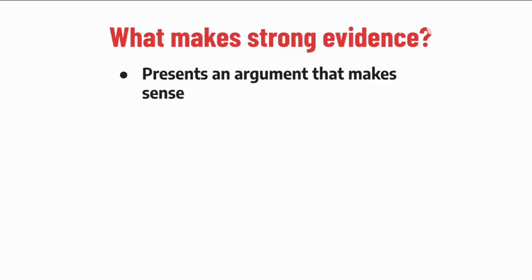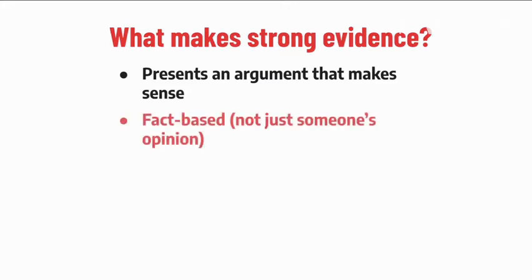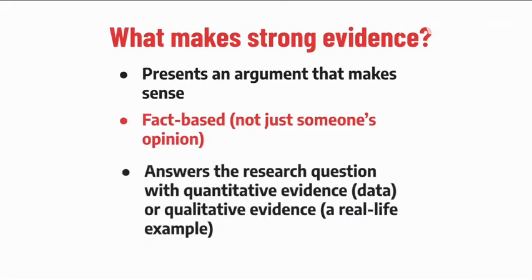You need to make a logical argument. Next, strong evidence is fact-based. So it's not just somebody else's opinion or your opinion. Strong evidence answers the research question with quantitative evidence, like data, or qualitative evidence, such as a real-life example.